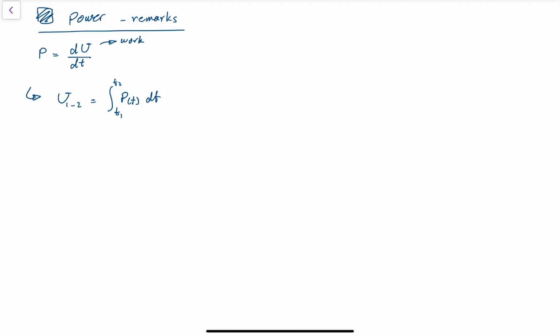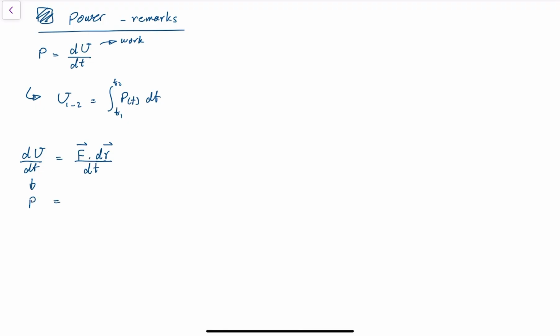Another way you can think of power, let me write du again. Du, remember, was f dot dr. This was the definition. And now if I essentially divide this by dt, on this side I get power.